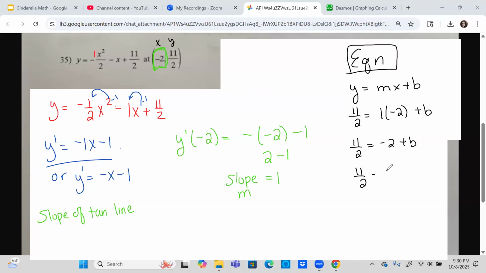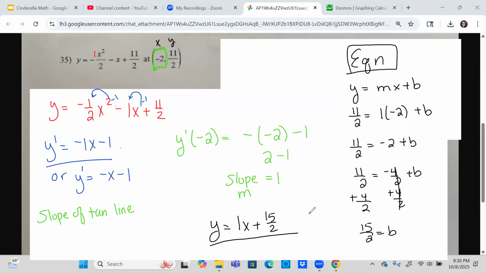Negative 2 we're going to rewrite as negative 4/2. We're going to add 4/2. And we get 15/2 is b. So final answer, y equals mx plus b. Yes, of course, you could ghost off the 1 and just say x plus 15/2. That should be fine.